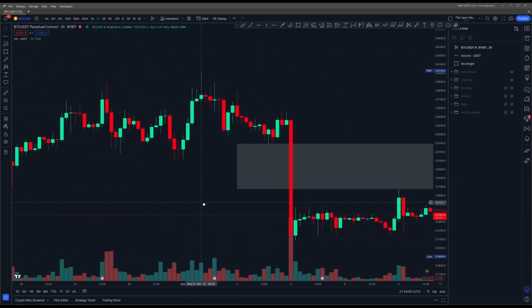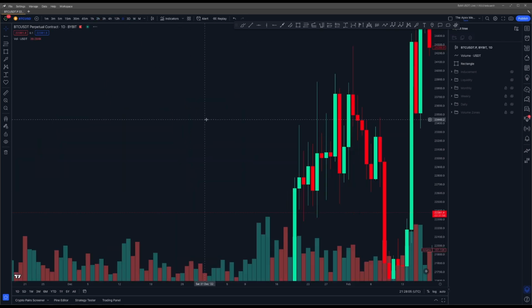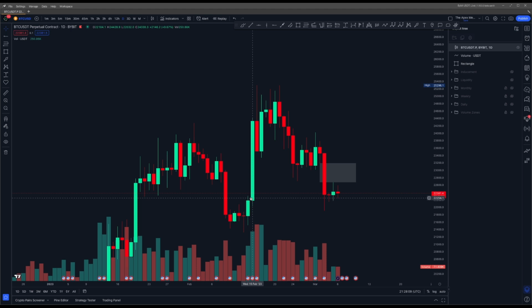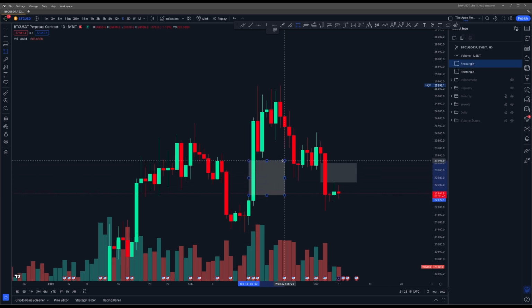And you can see, by the way, if I just go back to the daily, when this candle came in here, the fair value gap was here to the bottom, right? And then this candle came in, got closed, but we still had a fair value gap. Next candle, nothing.